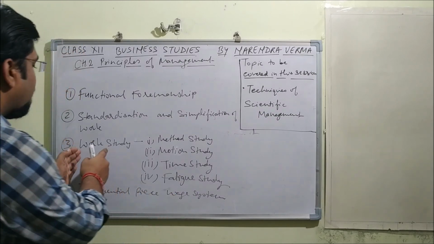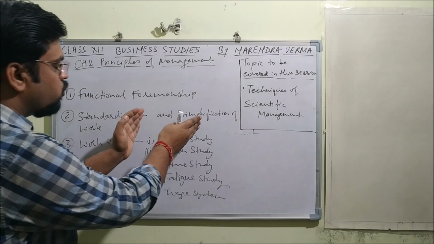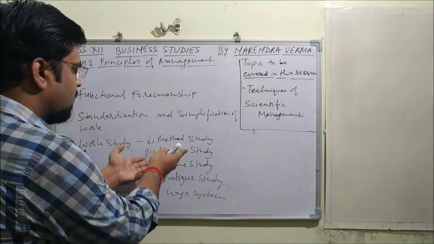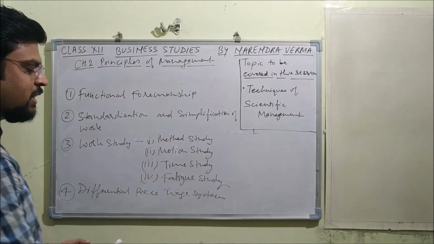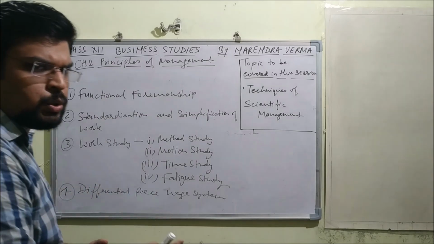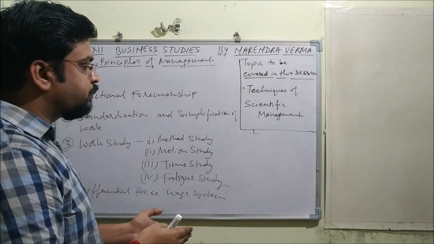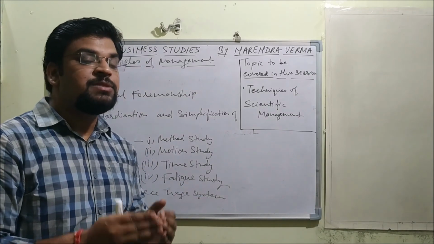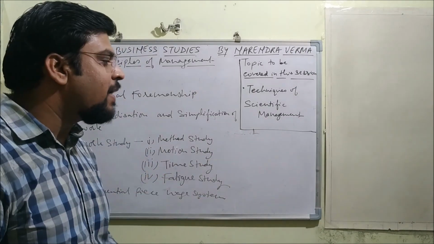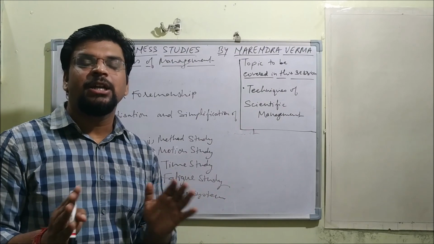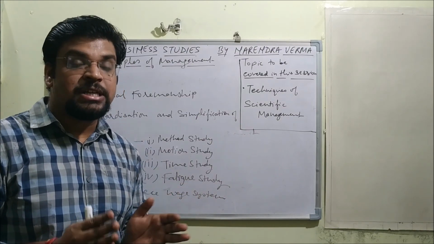Whether we call it combinedly work study or we individually name them method study, motion study, time study, fatigue study, that also goes. And in some of the books I have seen that one more technique is mentioned, that is mental revolution. Let me clarify, mental revolution is not a kind of technique, it is a kind of state.